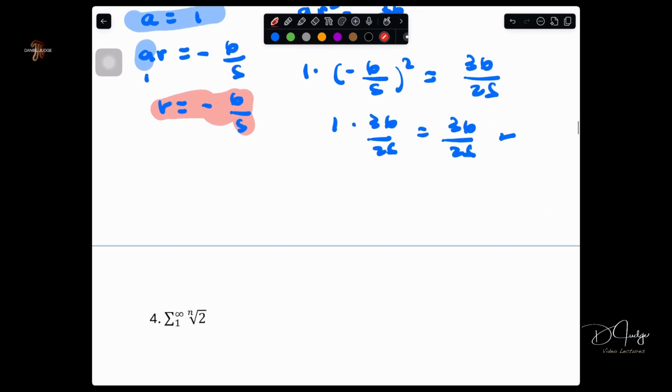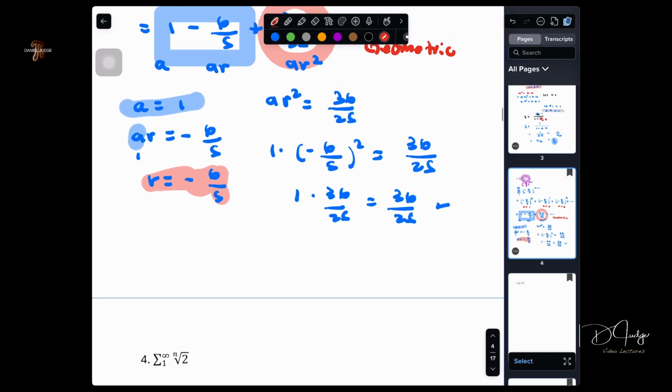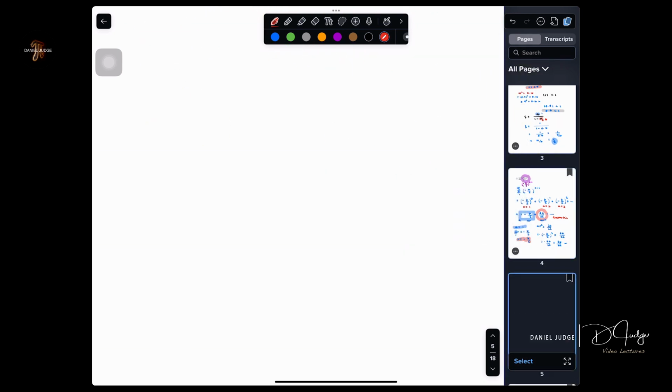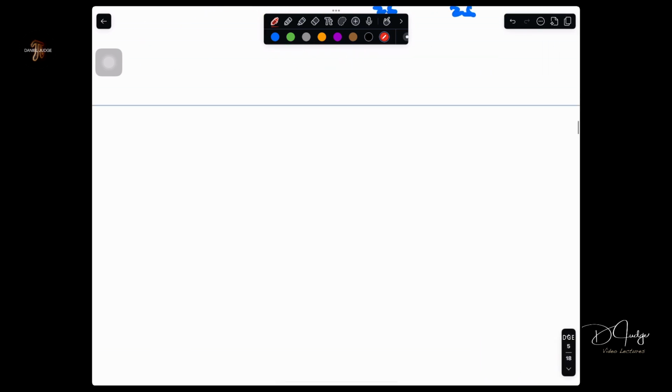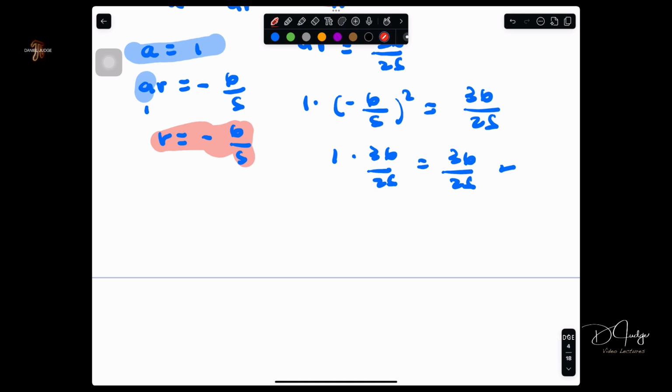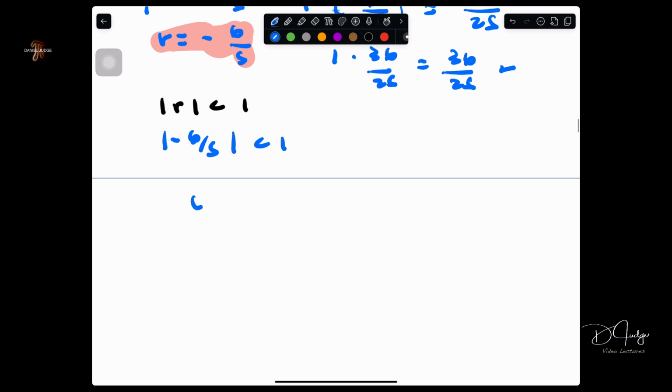However, we got to check. Is the absolute value of R smaller than 1? That's the absolute value of 6/5 needs to be smaller than 1. 6/5, ladies and gentlemen, is not smaller than 1. 6/5 is like 1 and 1/5, right?